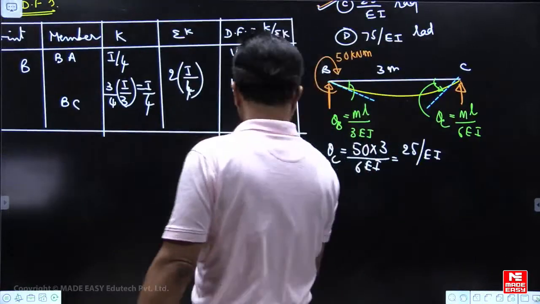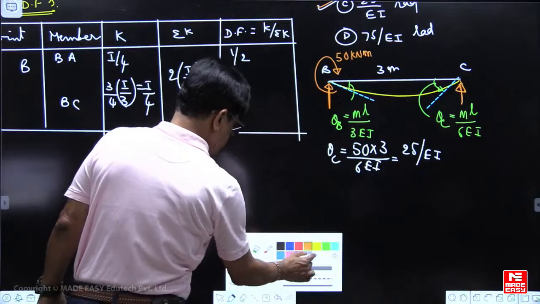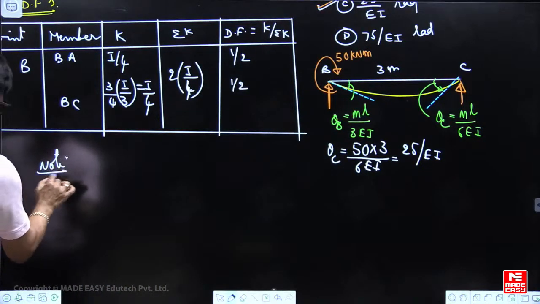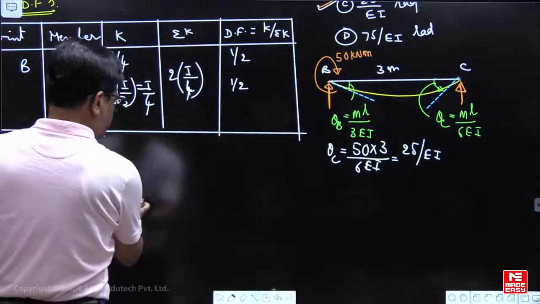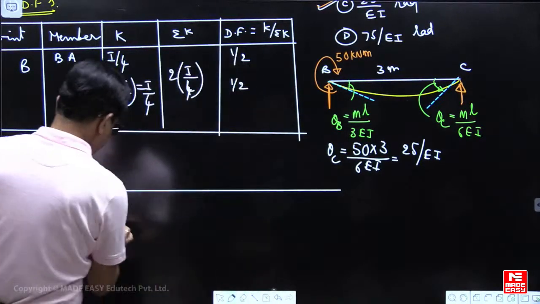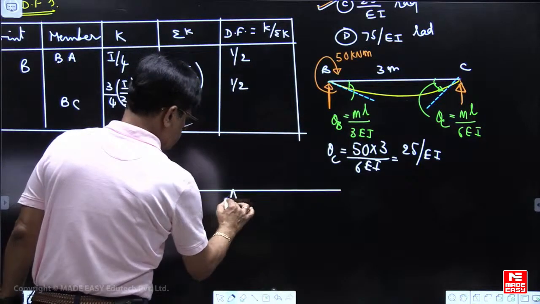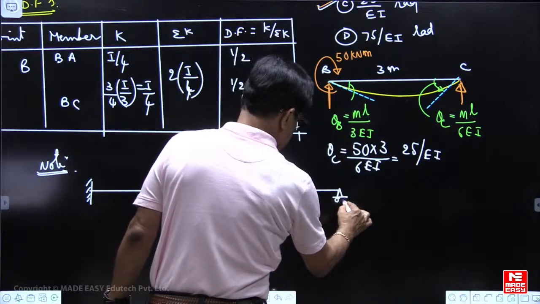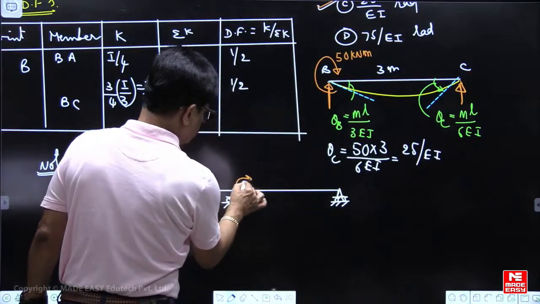If you see the deflected profile, it looks something like this. To understand the diagram correctly, it will go something like this. This is taking 50.